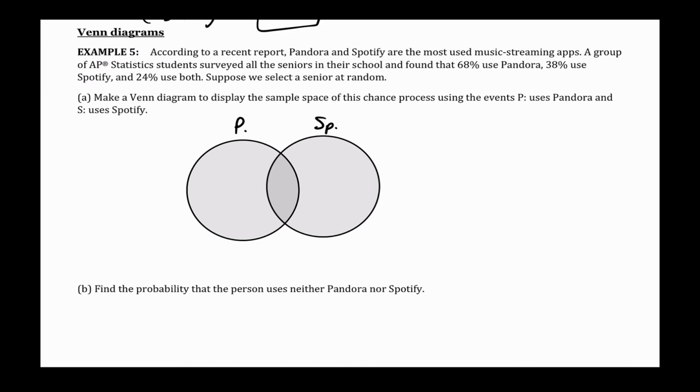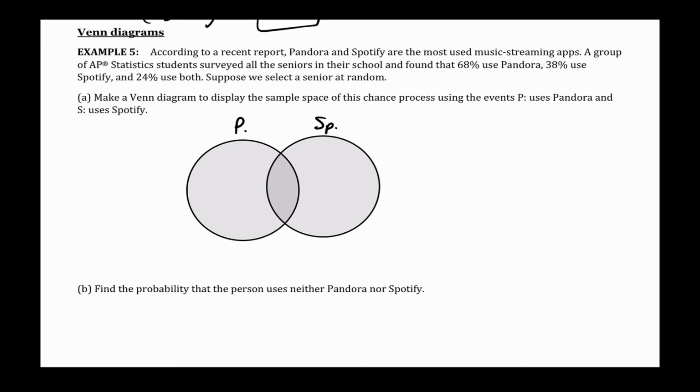When they've given you one, another, and both. They won't tell you to use a Venn diagram, but it'll be helpful. That's what a Venn diagram is for.